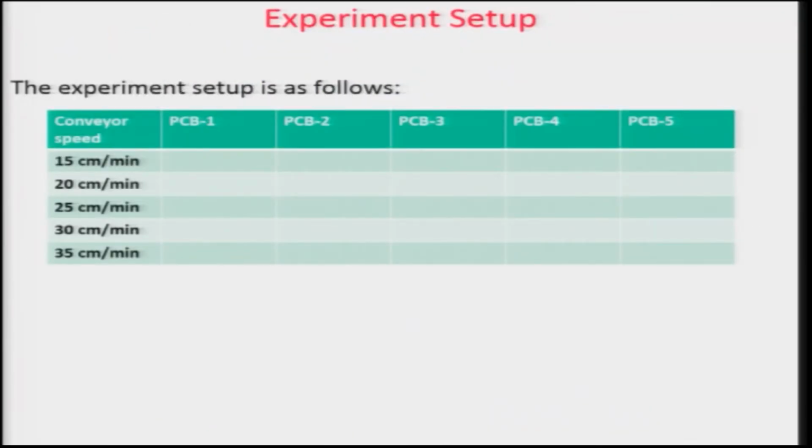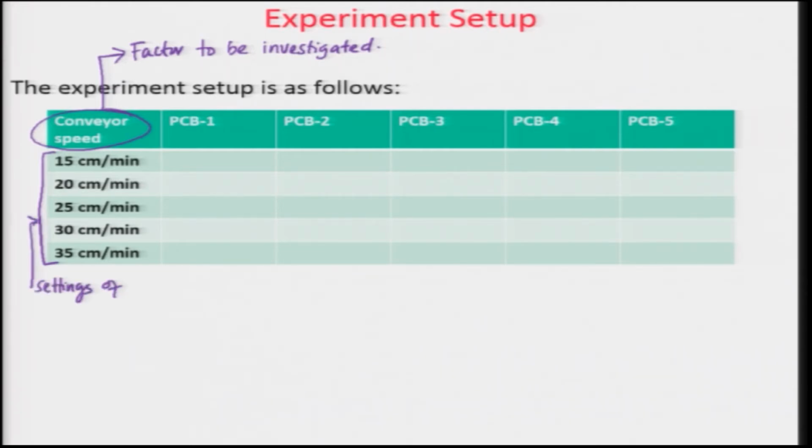So, the experiment setup that we have is as follows. You have the conveyor speed, as I said earlier. This is the factor to be investigated. So, you are investigating the factor called the conveyor speed. And these are the settings of the factor.